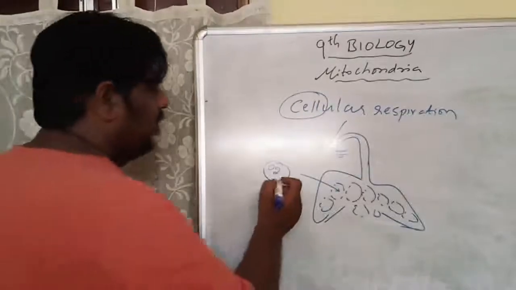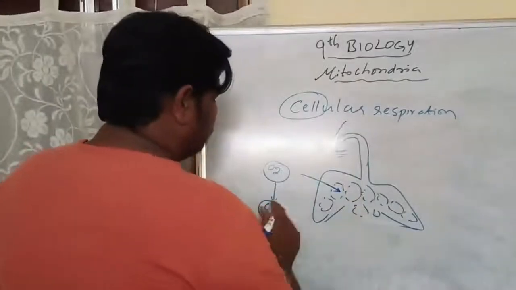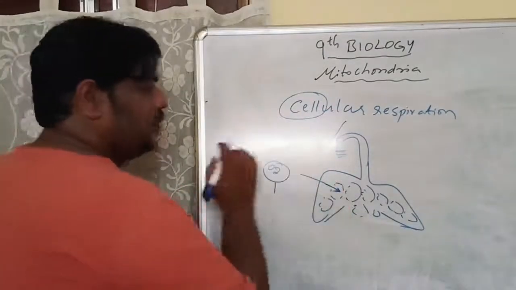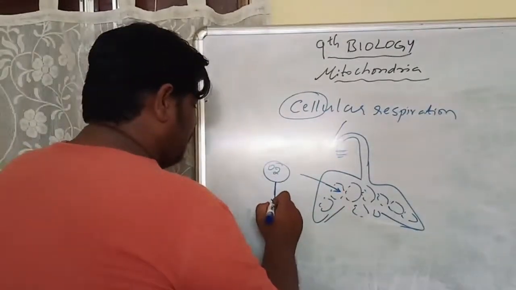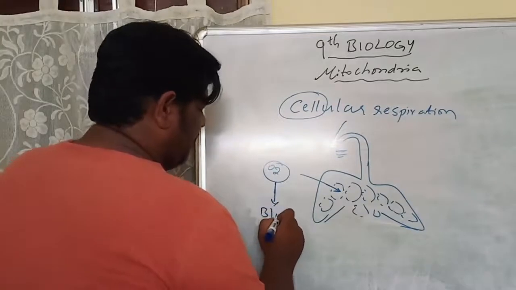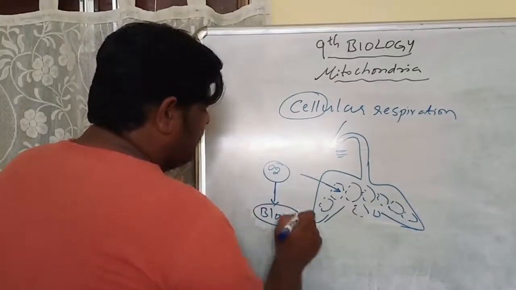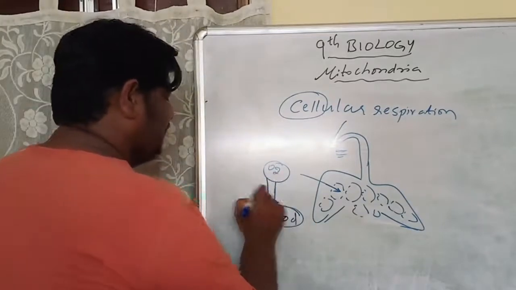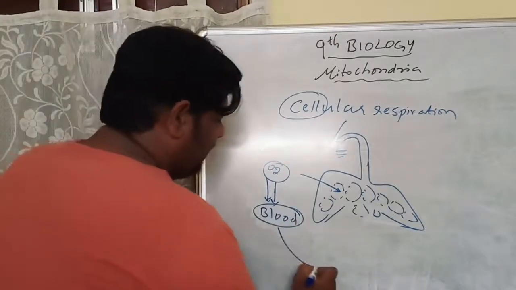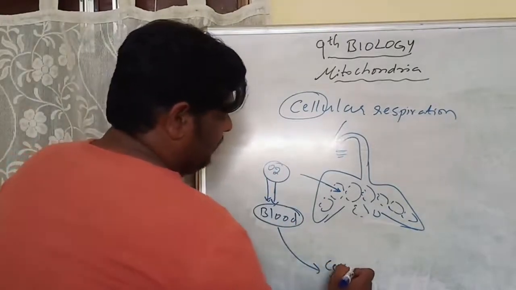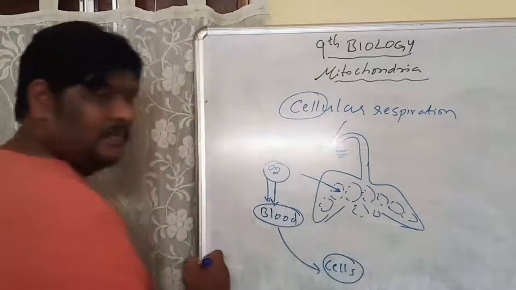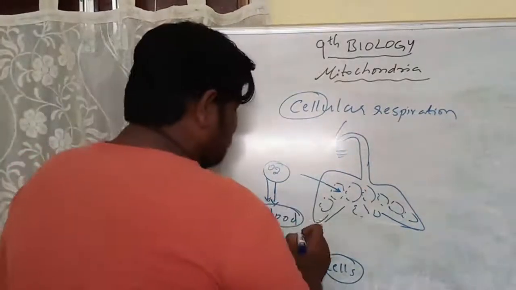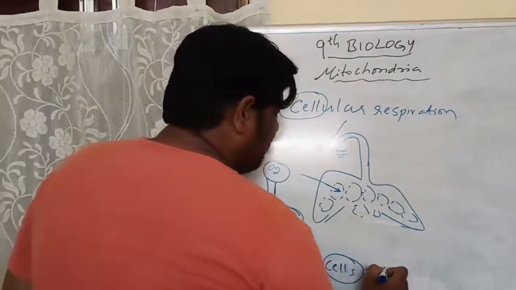Now the oxygen which is going into the lungs will be taken by the blood. So now what is there in the blood? There is oxygen in the blood, and this blood will be carried to the cells. Cells will now take the oxygen.